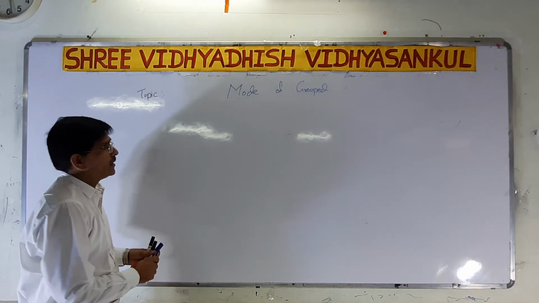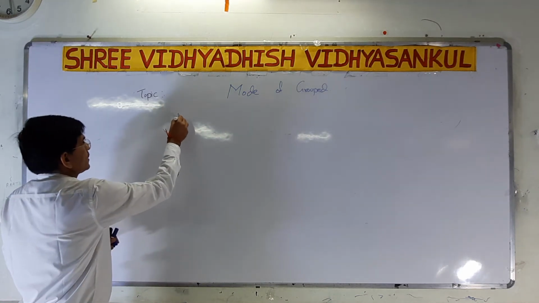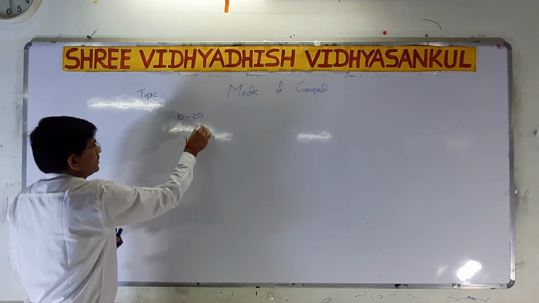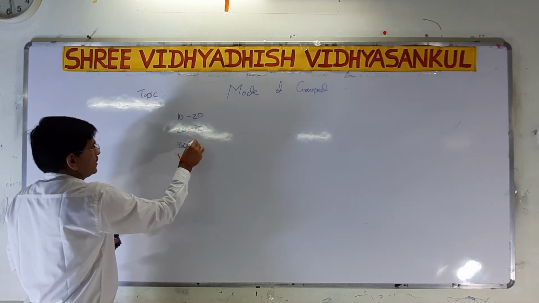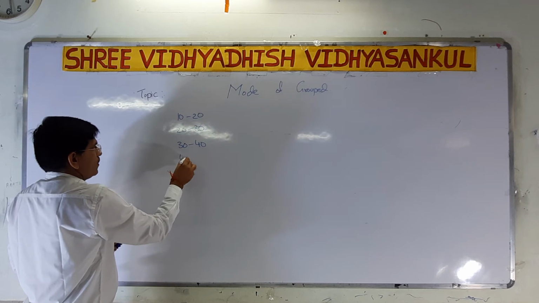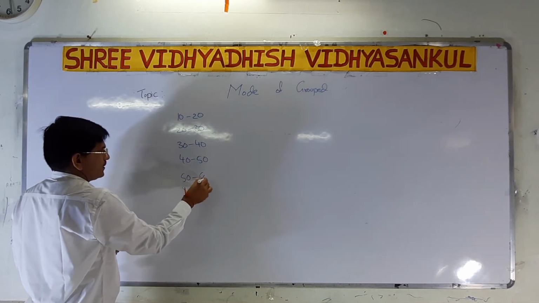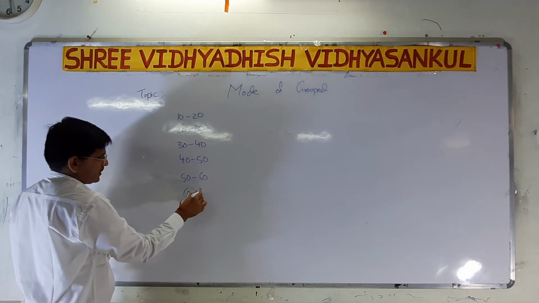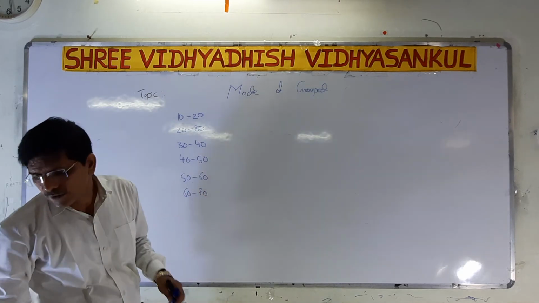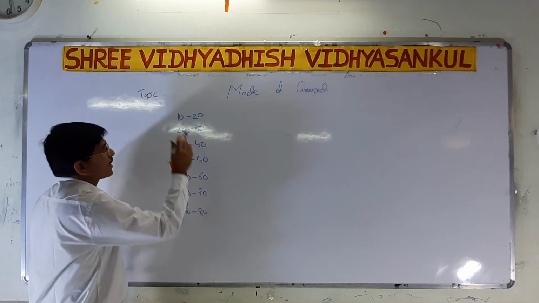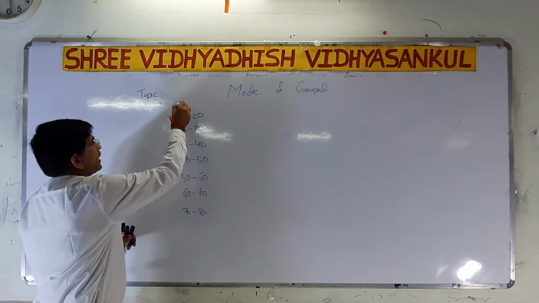The 2018 sum. Classes: 10 to 20, 20 to 30, 30 to 40, 40 to 50, 50 to 60, 60 to 70, and 70 to 80. So here it is a class.